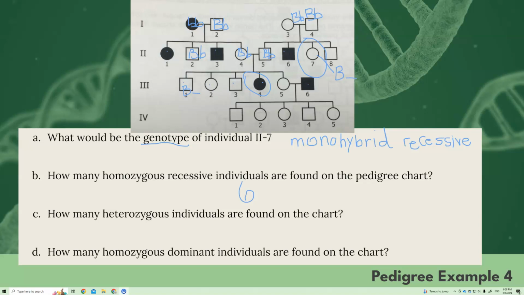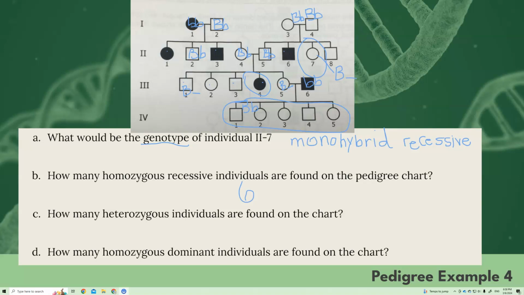I'm going to come over here and say this individual has a big B. Again, I don't know what else they have because their parents don't really give me a good indication. But this individual has 2 little letter b's because they're affected. What's cool is because of that, we know that all of these children have to be big B from mom and little b from dad, because dad only has little b's to give.